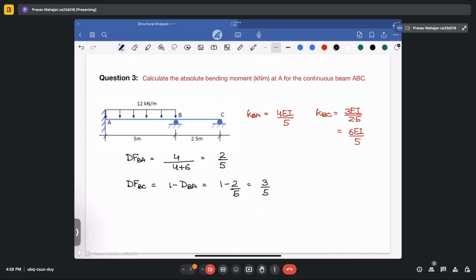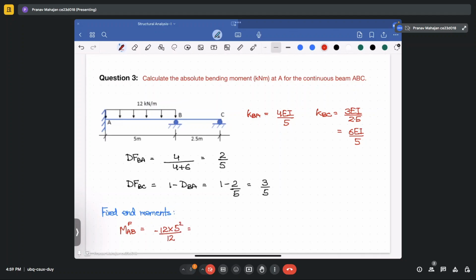Okay. Now calculate the fixed end moments. So fixed end moments for span AB, MABF will be equal to minus 12 into 5 square divided by 12.